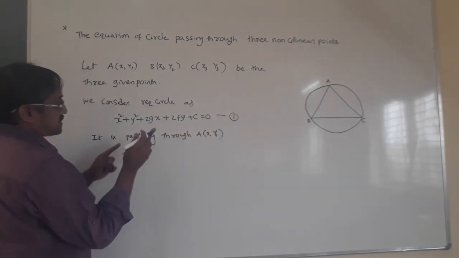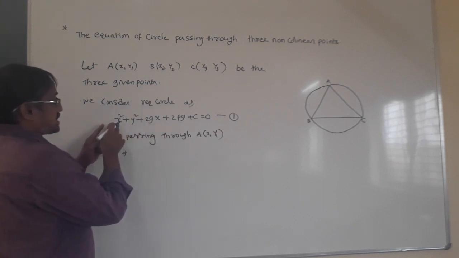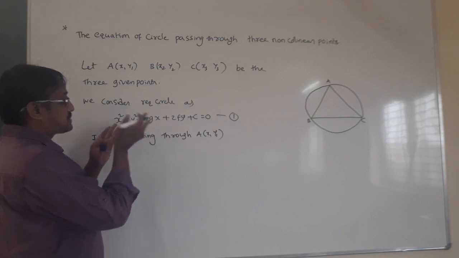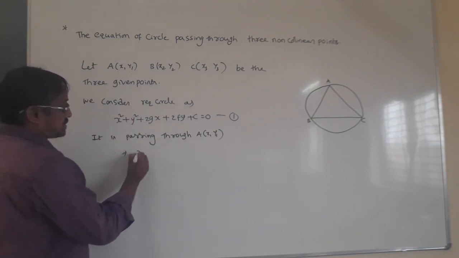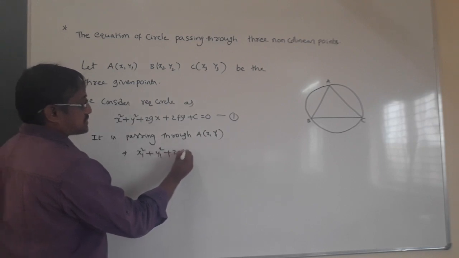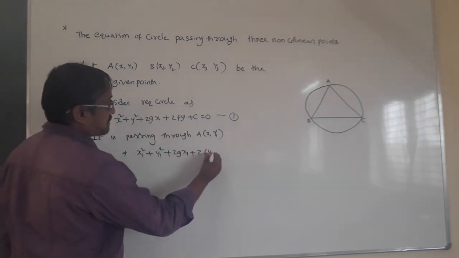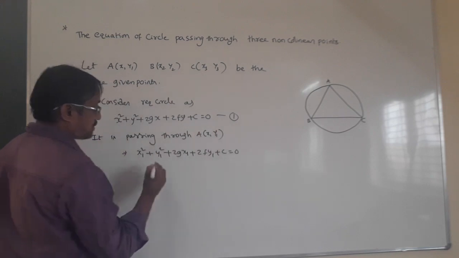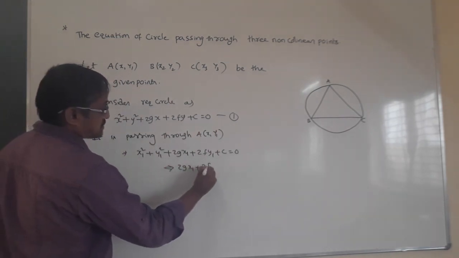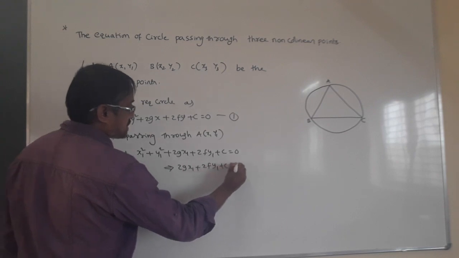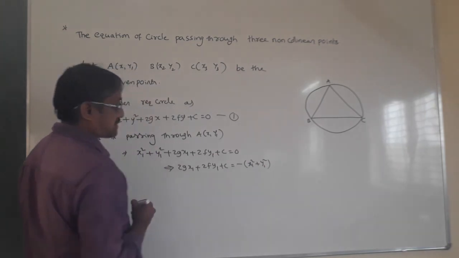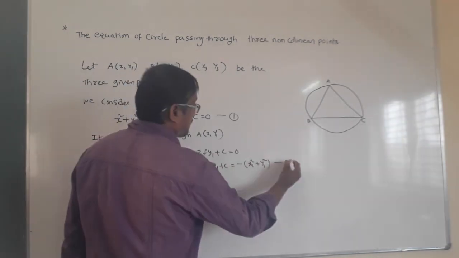That means the point satisfies this circle, and you can substitute the point in this circle: x1 square plus y1 square plus 2gx1 plus 2fy1 plus c equal to 0. You will get the equation 2gx1 plus 2fy1 plus c is equal to minus of x1 square plus y1 square. Let it be equation 2.